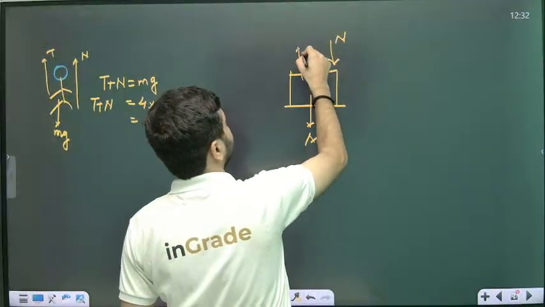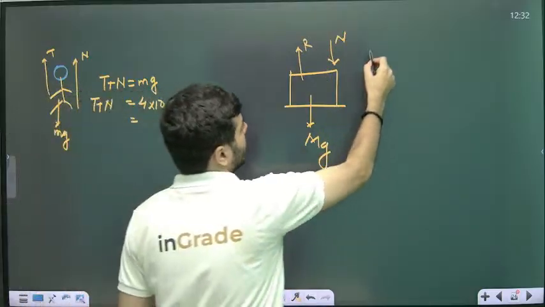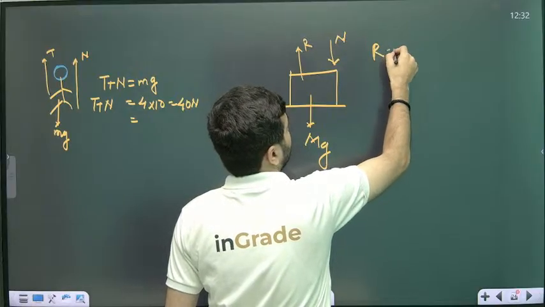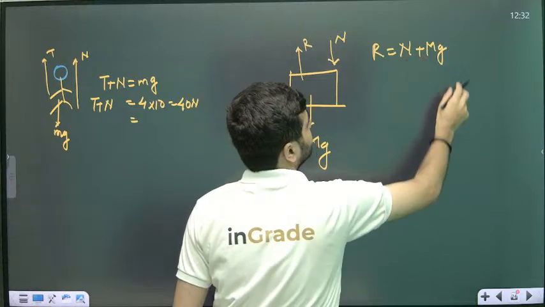Now let's balance these forces. R equals N plus Mg.